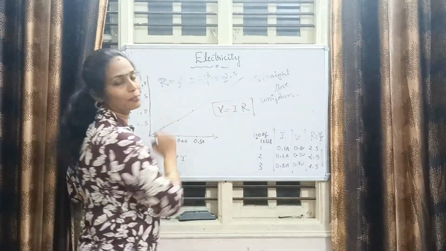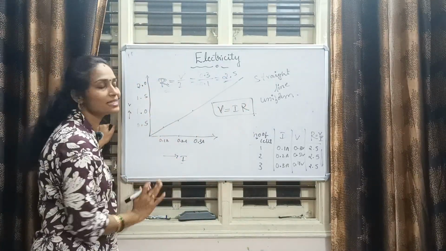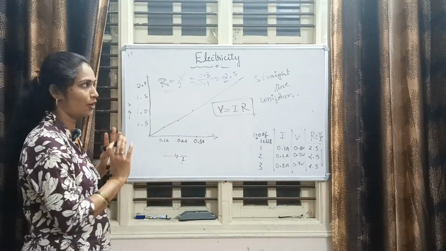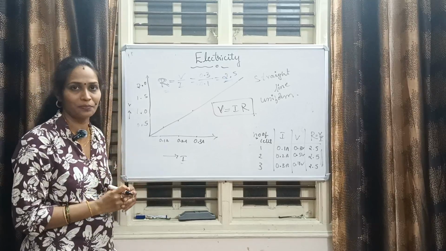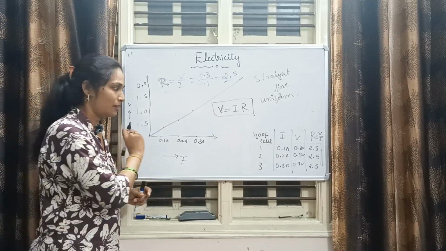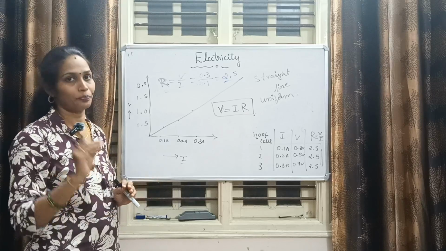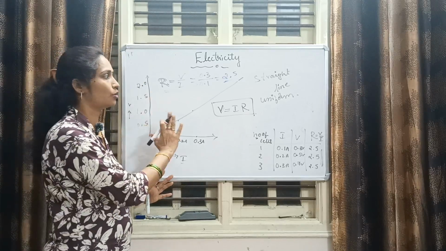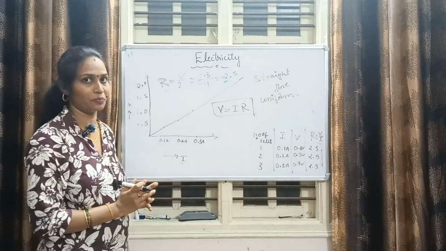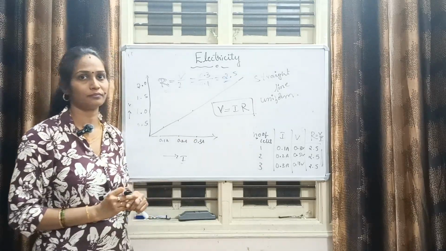This relationship is satisfied by this graph. Hope you all understood this concept, and please do watch my video till the end. Then only you will come to know the entire concept. Okay?